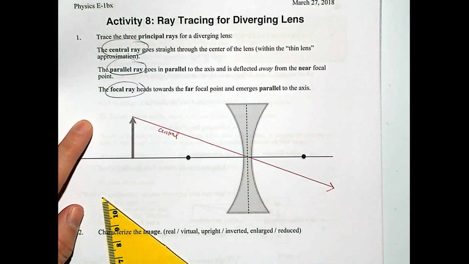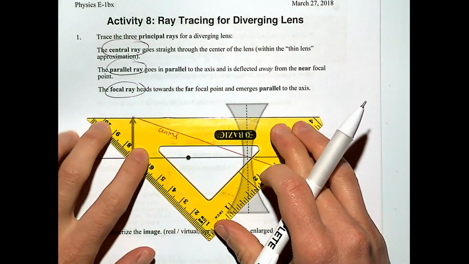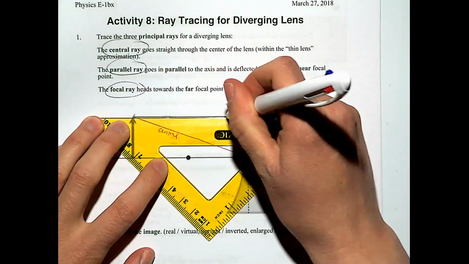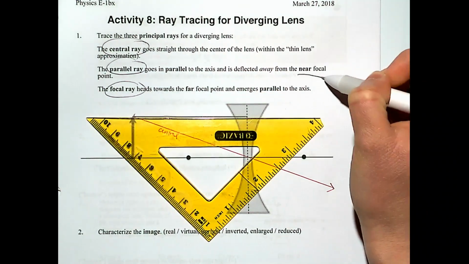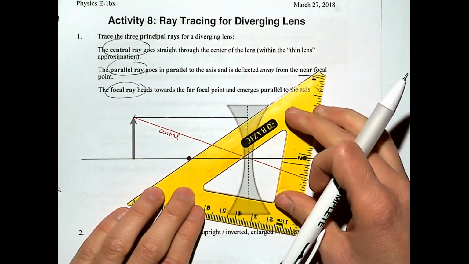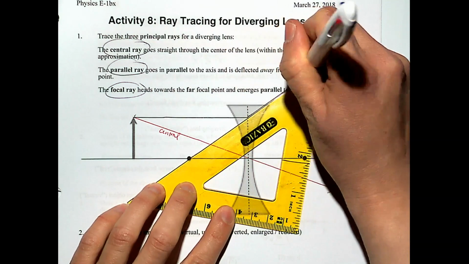The parallel ray goes in parallel to the axis. And then it's deflected away from the near focus. So I line the ruler up like that and make that ray go away.